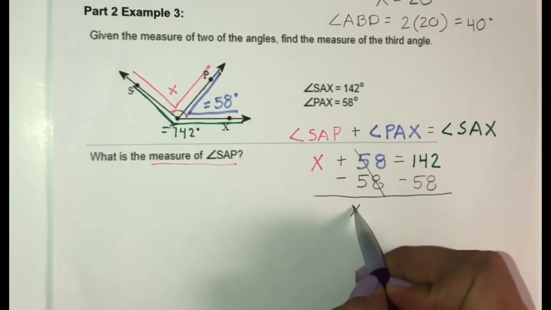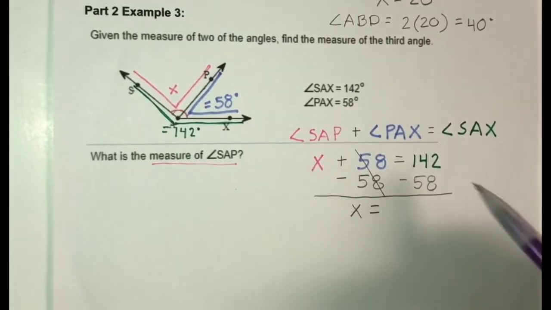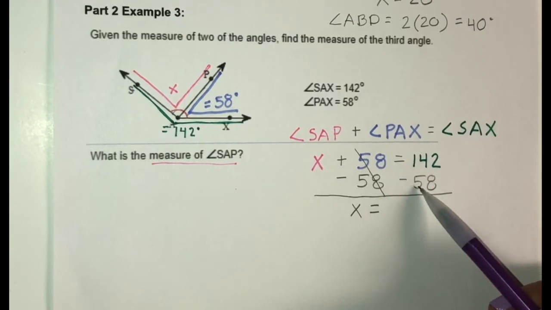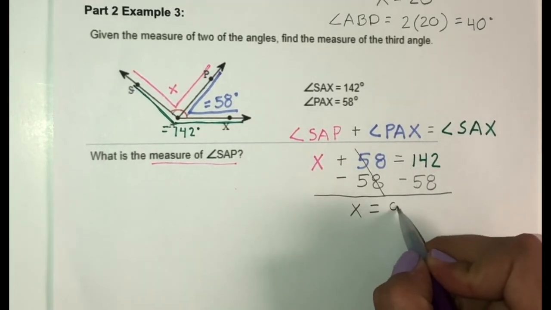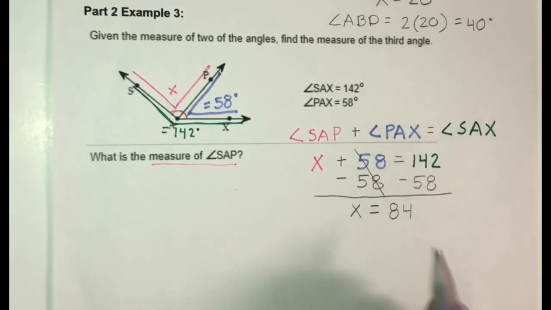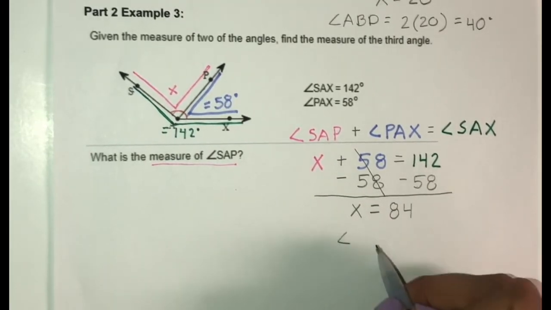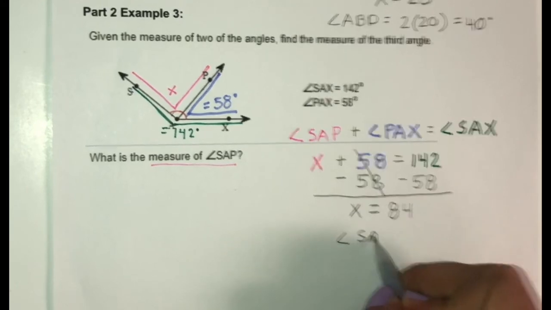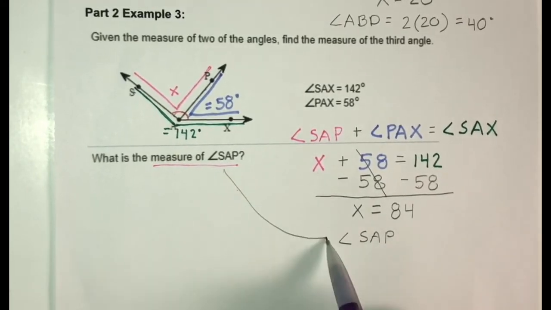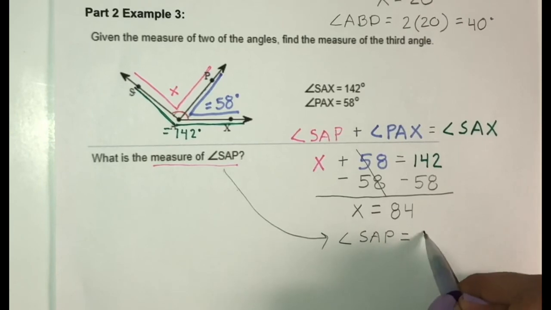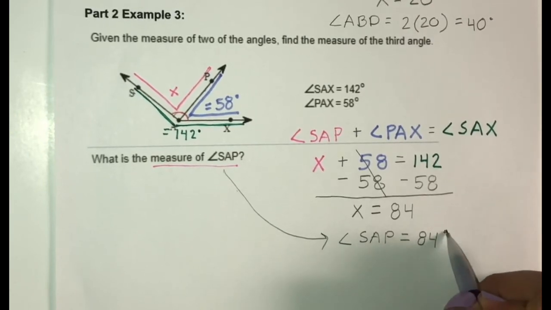I'm left with x equals 142 minus 58, which gives me 84. I was solving for the measure of an angle, so the measure of angle SAP, which is what I was trying to find, is equal to 84 degrees.